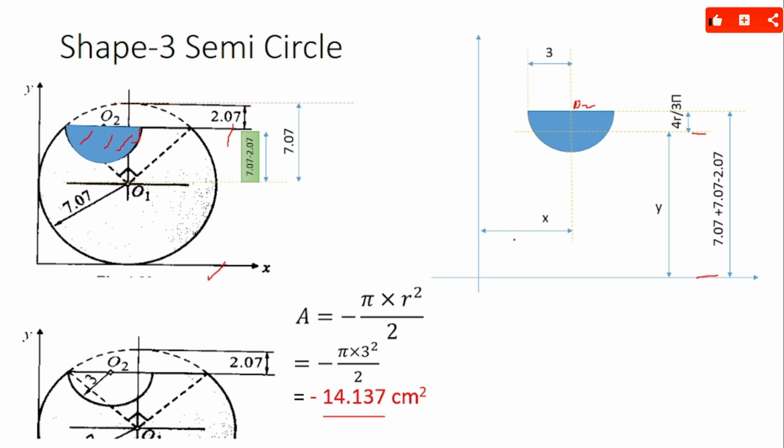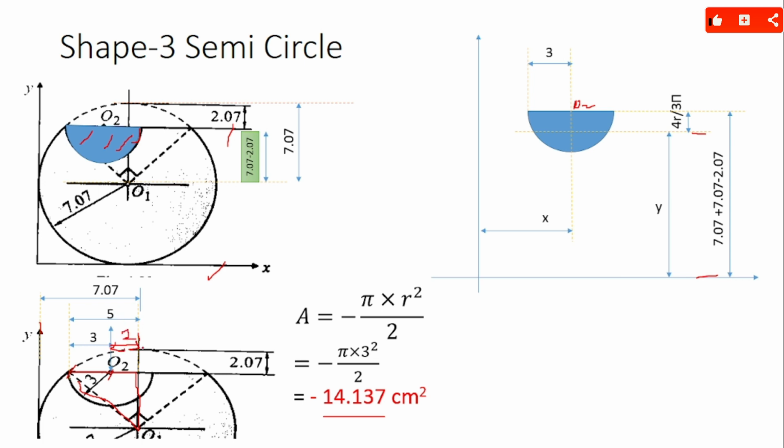Now we will first find out the x bar. To calculate the x bar, we know that the distance of this center line from the y axis is equal to the radius of the sector, 7.07. Then consider the triangle we just calculated: the base of this triangle is equal to 5 centimeter, and the radius of this semicircle from this point to this point is equal to 3 centimeter. So this distance will be equal to 5 minus 3, which is 2 centimeter.